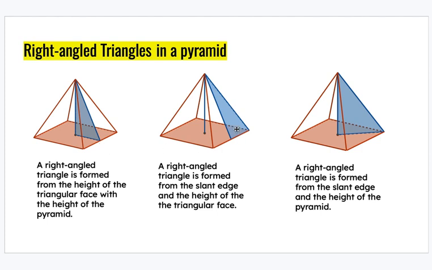The second right-angled triangle is formed from the height of the triangular surface with the edge of the pyramid. And finally, we have a right-angled triangle that is formed with the height of the pyramid and the slant edge.